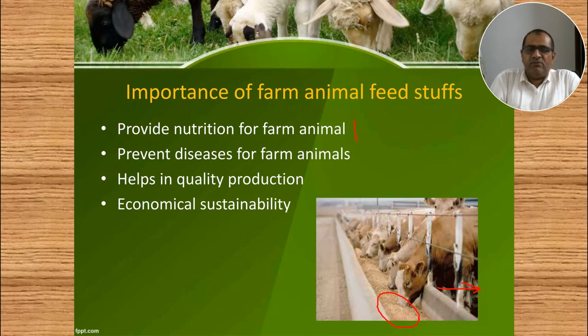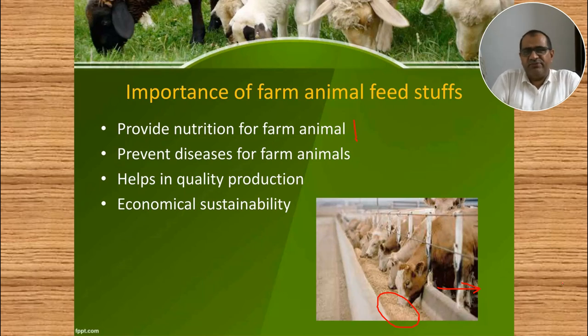So the animal feedstuffs help in quality production. For example, low SNF content in the milk of the animal is always attributed to low quality or poor quality feeding.